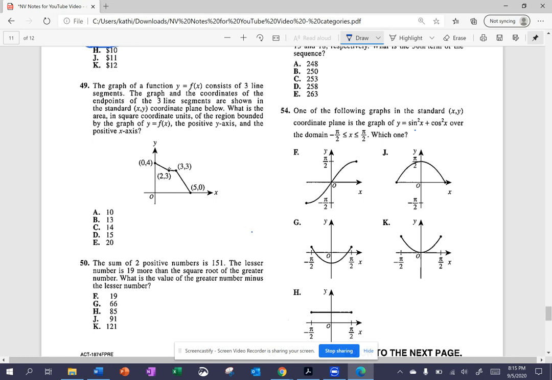So I'm going to just divide this up into 3 simple figures from geometry. So I have a trapezoid, a rectangle, and a triangle.